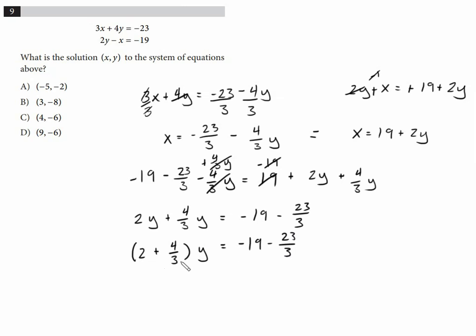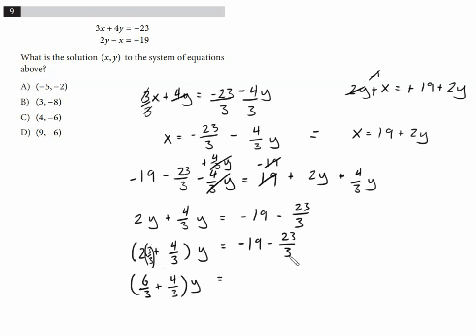And in order to do the arithmetic with the fractions, we have a denominator of 3 over here, so I'm going to multiply the 2 by 3 over 3, which is 1, so I can do that without changing the value. And now I have 6/3 plus 4/3 y.